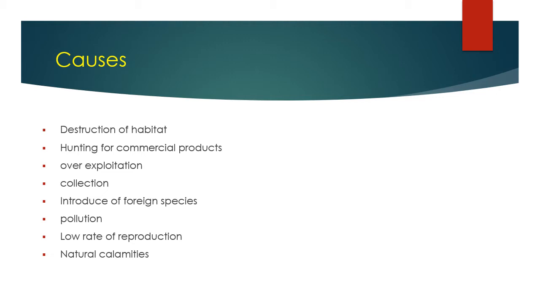They may die due to disease, die due to starvation, or be killed because of human presence. So destruction of habitat is the main cause of wildlife depletion.